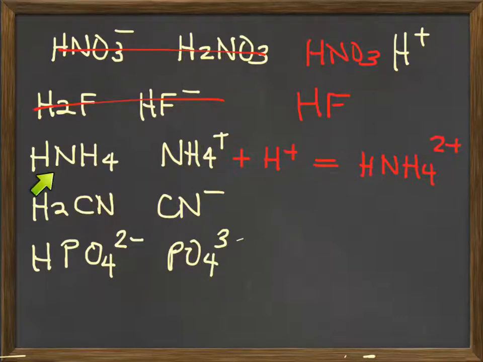So the H's are right, but the charge is wrong. Do you see that? This one has more H's, so this has the correct number of H's to be the conjugate acid, but the charge is wrong. Because if we take NH4 plus and add H plus to it, we get HNH4 2 plus. You see that?